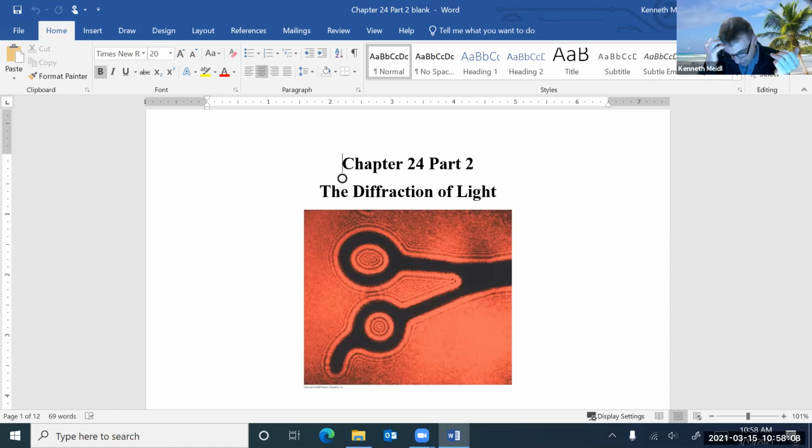So here it looks like maybe a pair of scissors or something like that. But that banding around the edges are really places of destructive interference, the dark bands, and then the light bands are bands of constructive interference. And so what we've got here are waves hitting some sort of sharp edge and then banding around the edge.